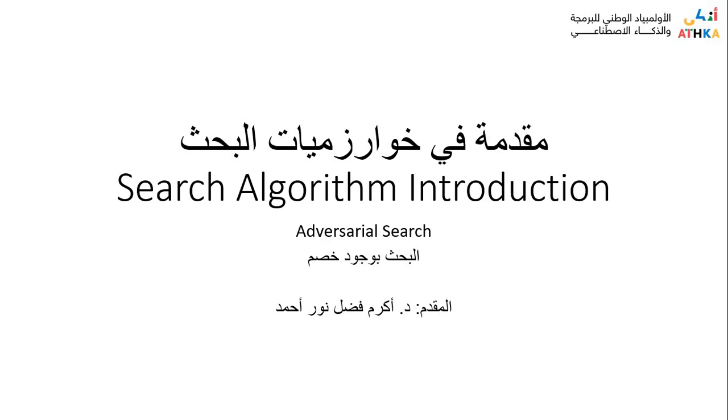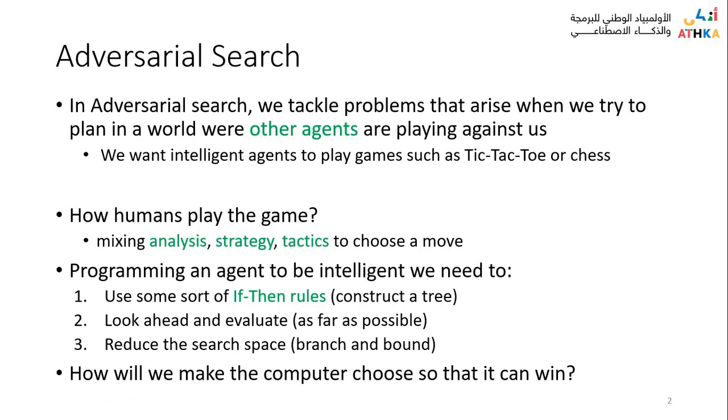My name is Akram Ahmed, and in today's video we're going to be talking about search algorithms and in particular adversarial search. What is adversarial search? In adversarial search, we tackle the problem when we are trying to plan and find a goal in multiple choices that we have, but there is an agent, an adversary, somebody who's playing against you, and he's trying to stop you from reaching your goal.